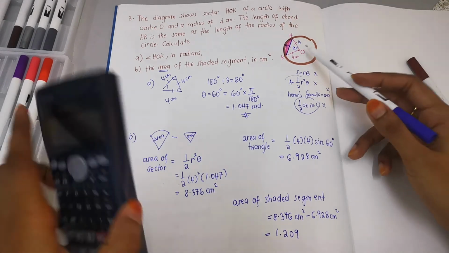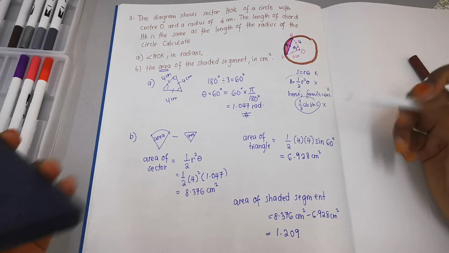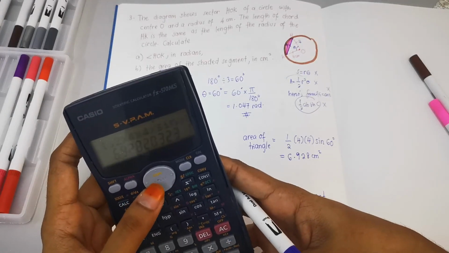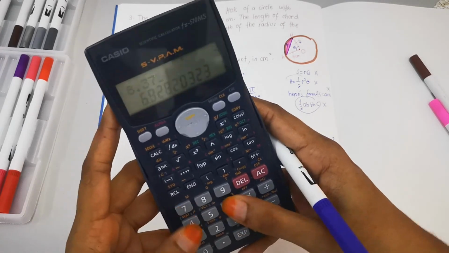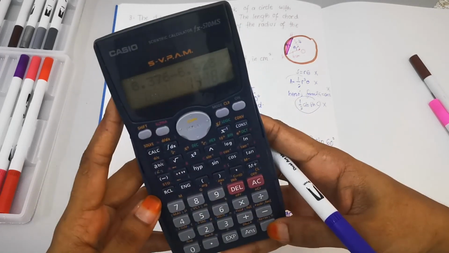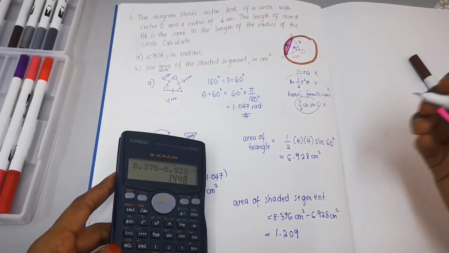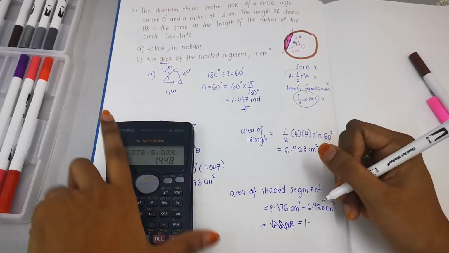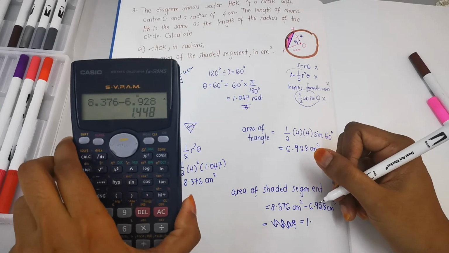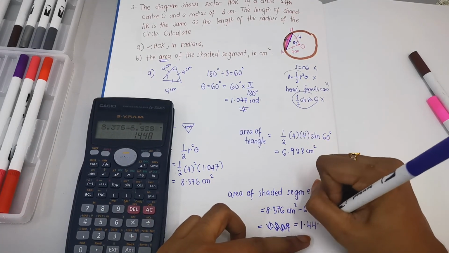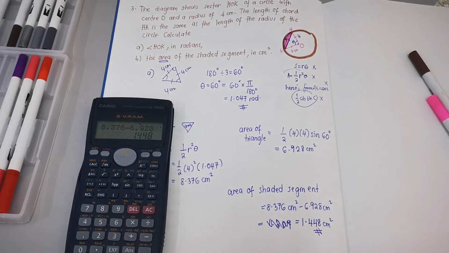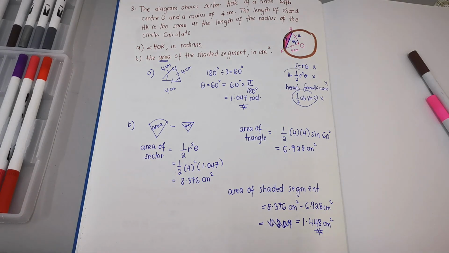Did we do any mistake here? 1 over 2 times 4 times 4 times sine 60. So 8.376 minus 6.928. Oh, sorry, I mis-subtracted. So this is 1.448 centimeter square.